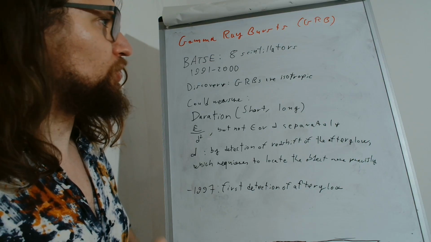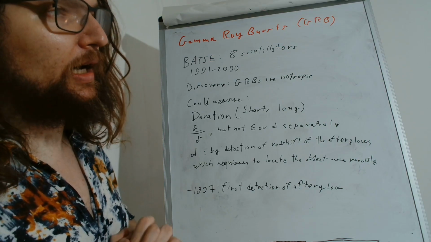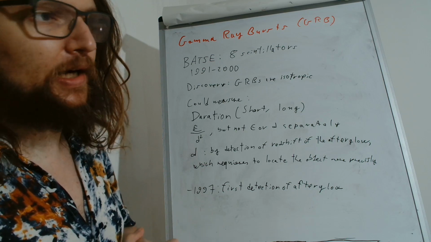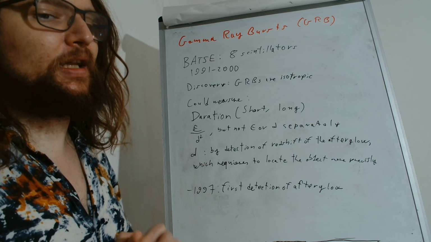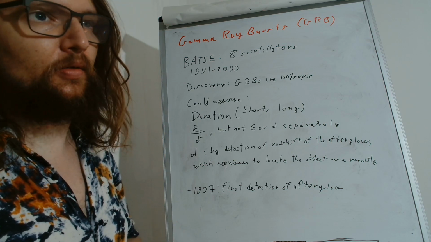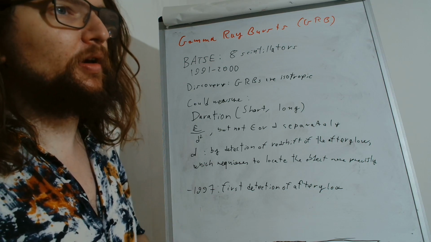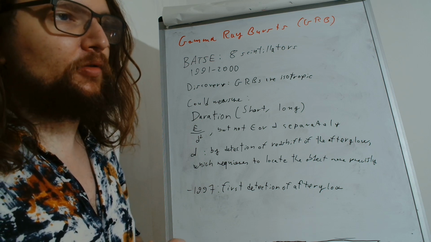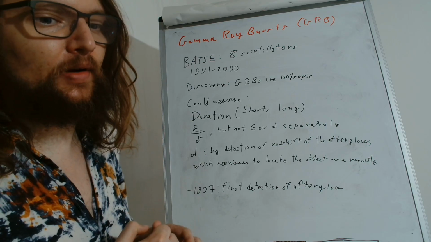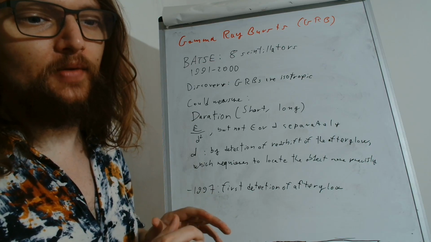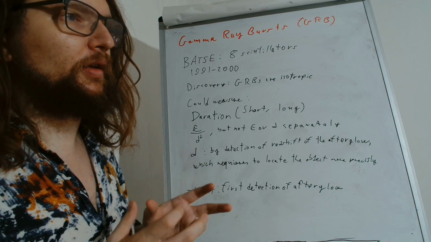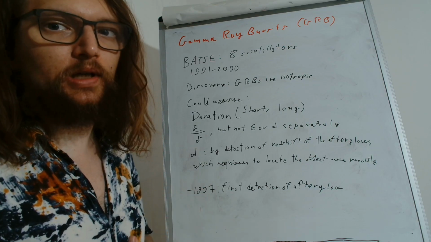Short gamma ray bursts are much more rare and more difficult to identify. The first time we identified a source of short gamma ray bursts was in 2017, in connection with the observation of gravitational waves from the same event. It was the merging of two neutron stars.